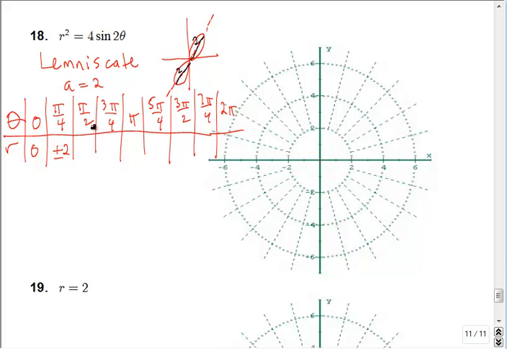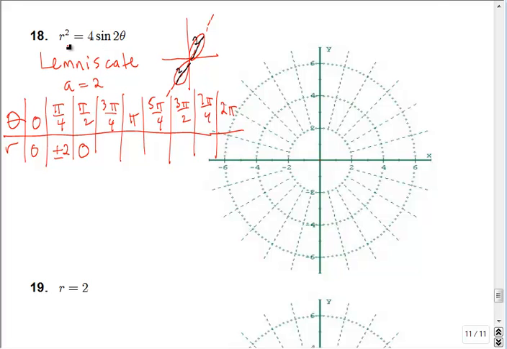Okay, let's see what happens at pi over 2. 2 times pi over 2 would be pi. Sine of pi goes to 0, so this is going to be 0. If we plug in 3 pi over 4, and we multiply that by this 2, that becomes 3 pi over 2. Sine of 3 pi over 2 is negative 1, so this whole right-hand side would become negative 4.